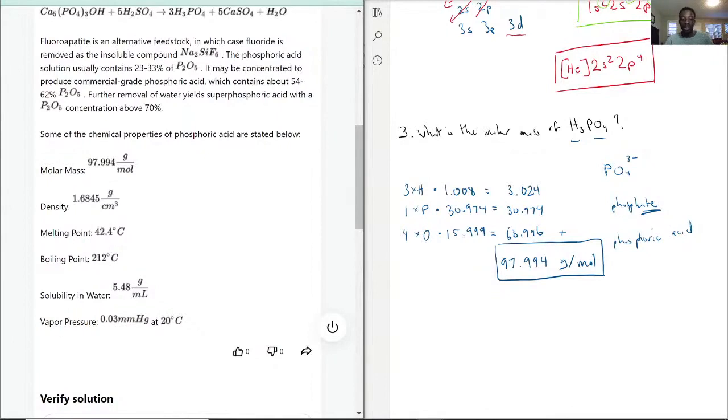It lists molar mass, melting point, boiling point, and other important things such as how to store it and what happens if you get some on you.